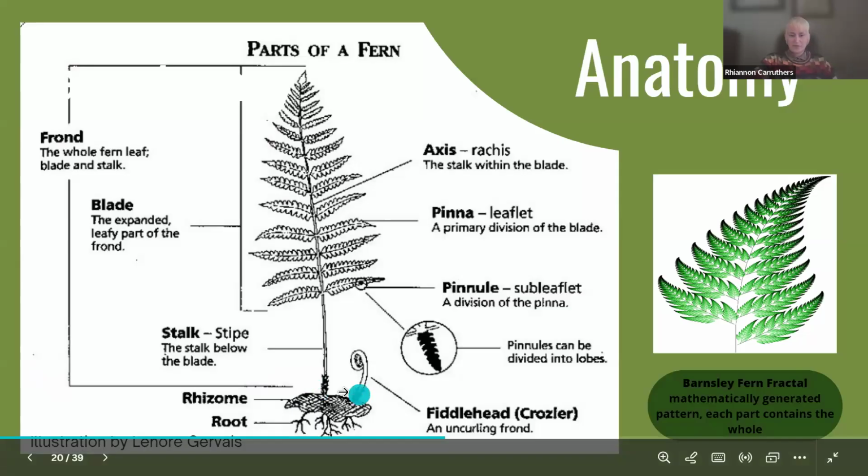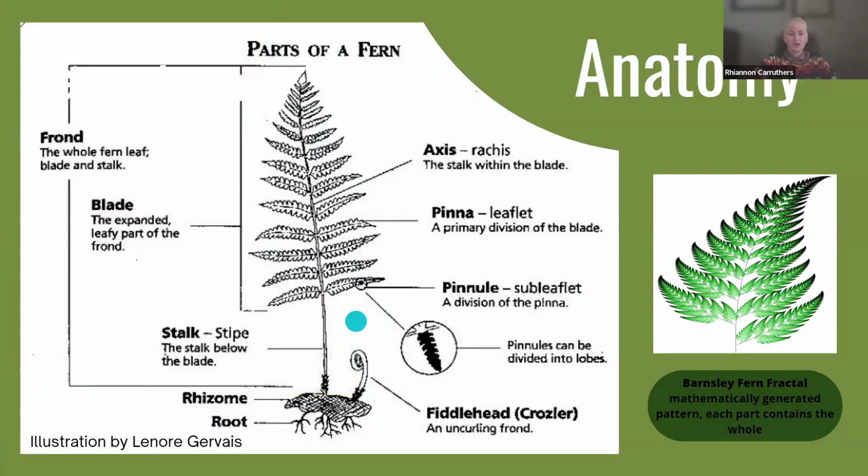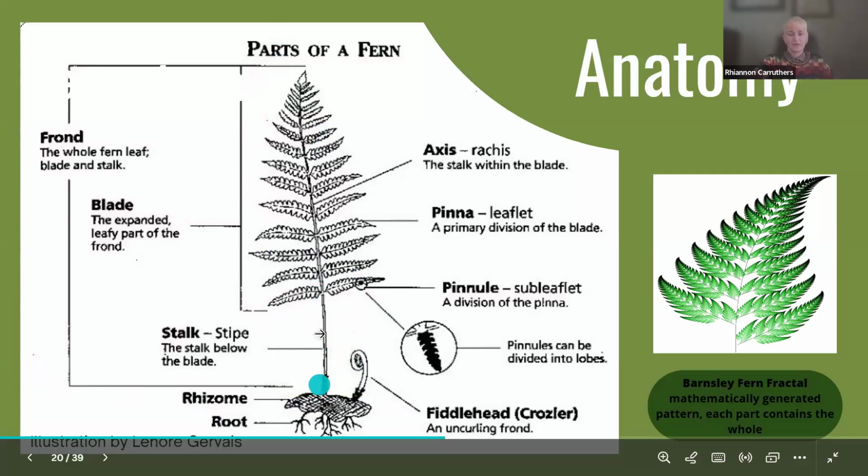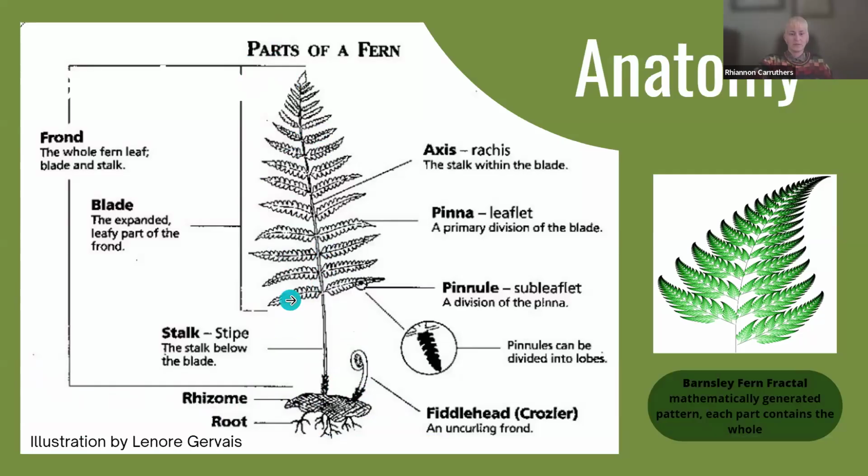Next up, we've got the rhizome. You can kind of think of this like a horizontal stem. It will have the roots and the frond growing out of it. The stalk, or you can think of it like the stem, is called the stipe if it's below the blade, and then known as the rachis once it's in the blade.